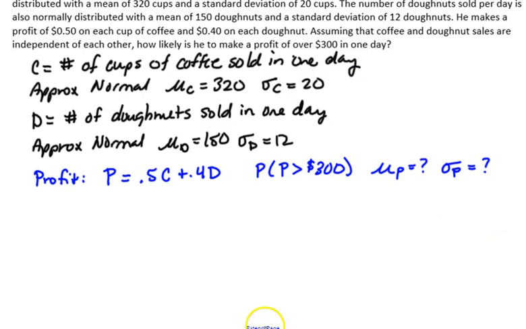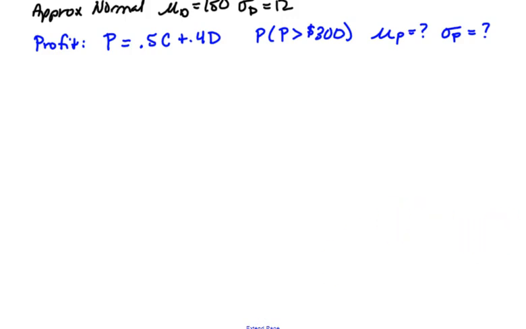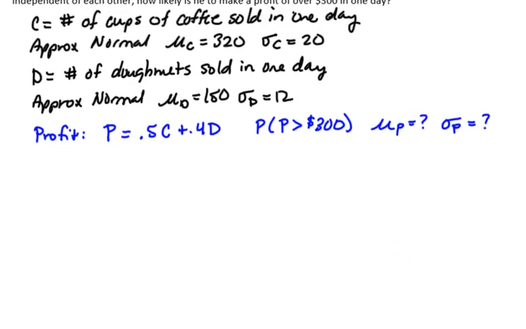So let's break this down a little bit now and use our given information, and let's find the mean of 0.5 times the coffee.